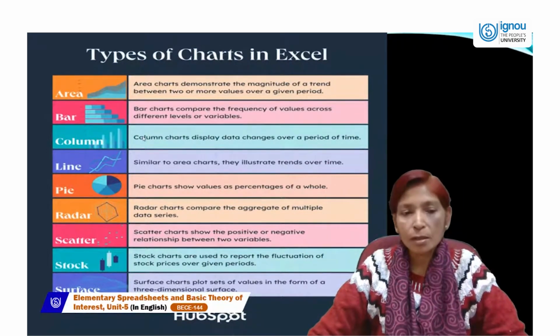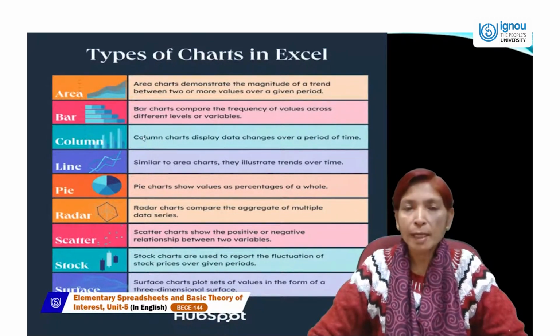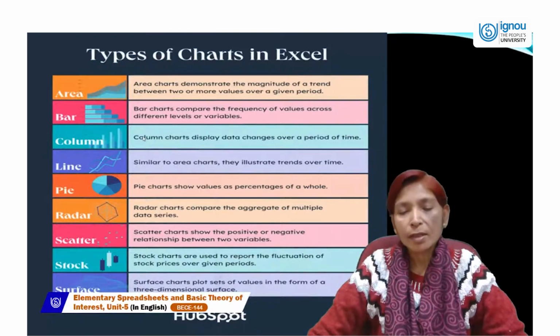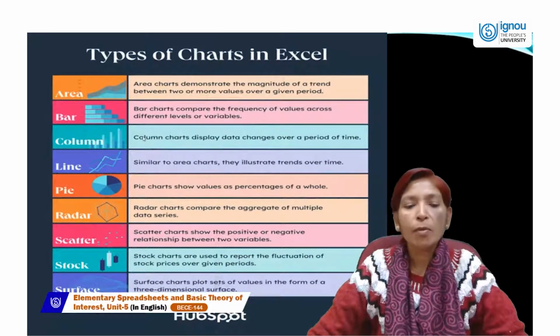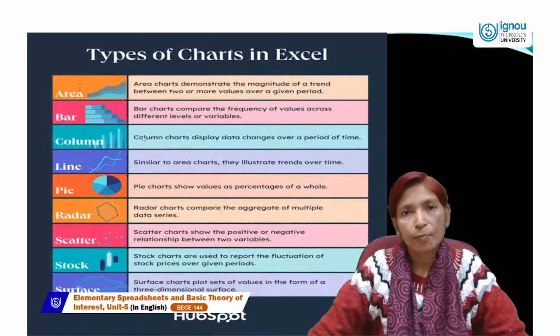Next is stock. Stock charts are used to report the fluctuations of stock prices or share prices over a given period. And surface chart plots sets of values in the form of a three-dimensional surface.